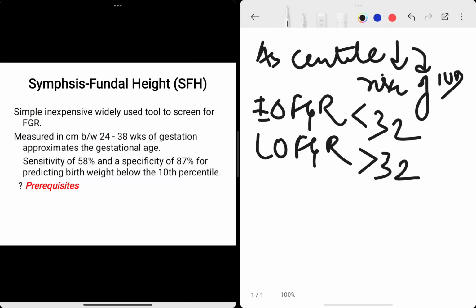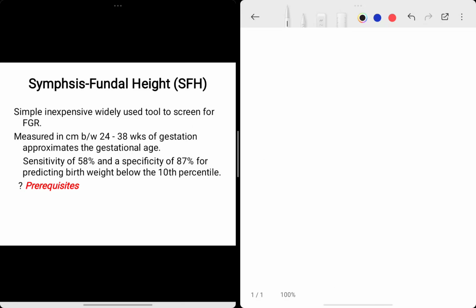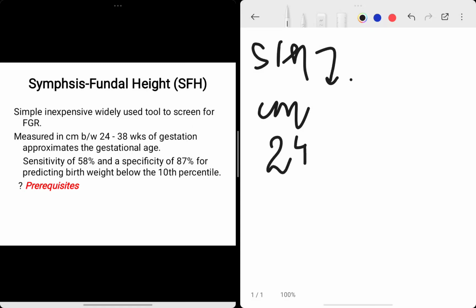Now what is symphysiofundal height? Symphysiofundal height is a simple, inexpensive, widely used method for screening of fetal growth restriction. We have the SFH, also known as the symphysiofundal height. The important point is that it is measured in centimeters, and the gestational age at which we can check this accurately is 24 to 38 weeks.